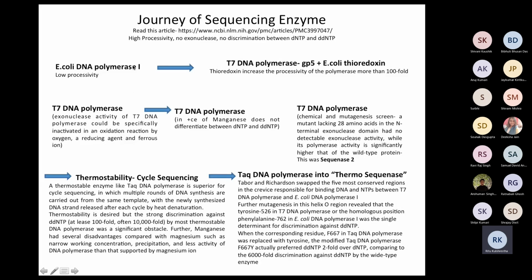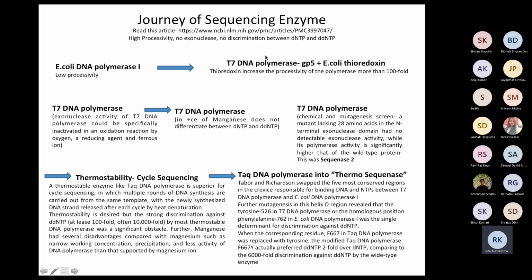So E. coli DNA polymerase I has very low processivity. Then it turned out that they were working on a particular E. coli strain in which E. coli DNA polymerase was mutated. It means that in that strain, this DNA polymerase is not being made.